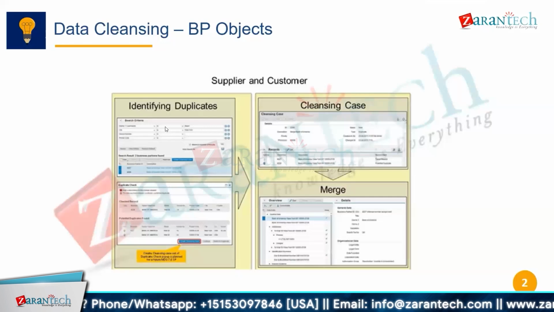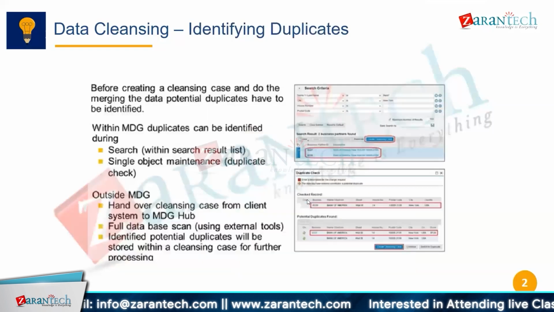If it is in the system, if you click on the search button, here you will have the similar names, and you can identify the duplicate records, right? If you identify the duplicate records, you can merge that data or delete that data for supplier or customer. As I said, it is in the search, and outside MDG also you can see if any change requests are pending.